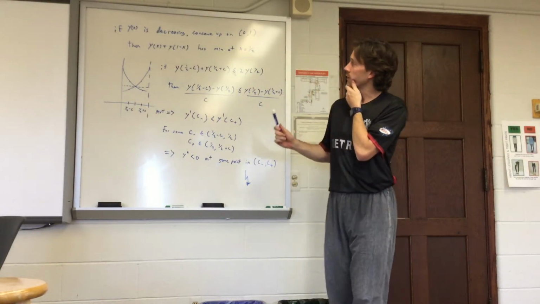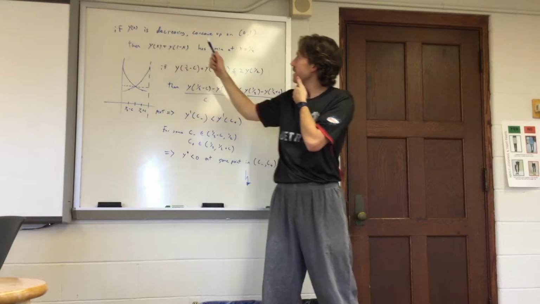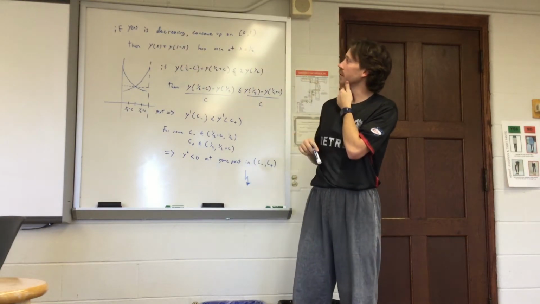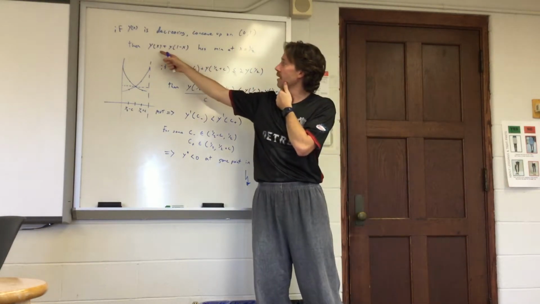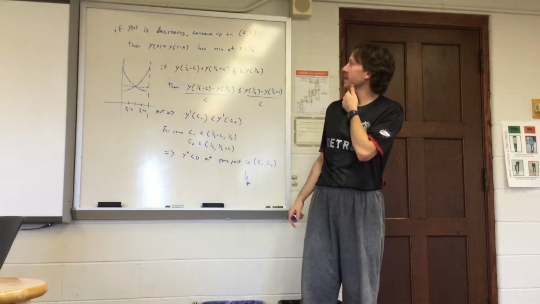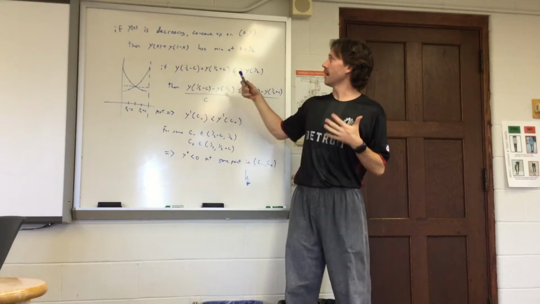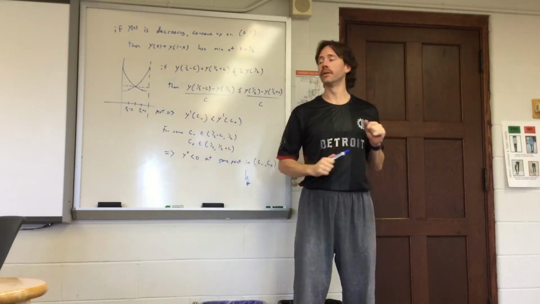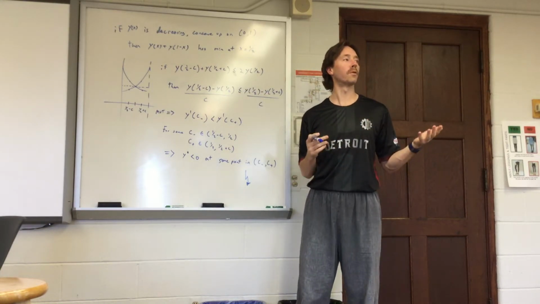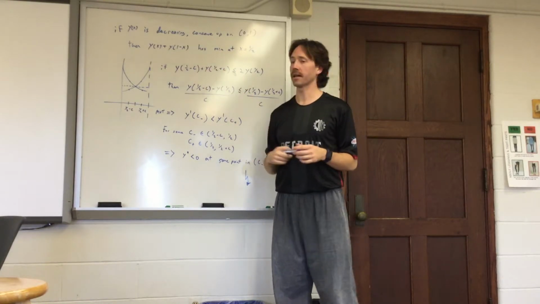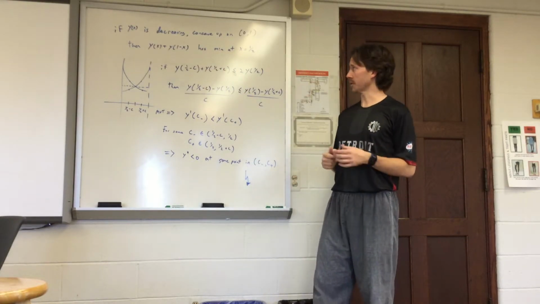Okay, so generic function y of x is decreasing and concave up on the interval 0, 1. The claim is that y of x plus y of 1 minus x has a minimum at x equals 1/2. If we can prove this, and then if we can prove that our weird function to the 1/4 power is decreasing and concave up, then we'll have solved the question.